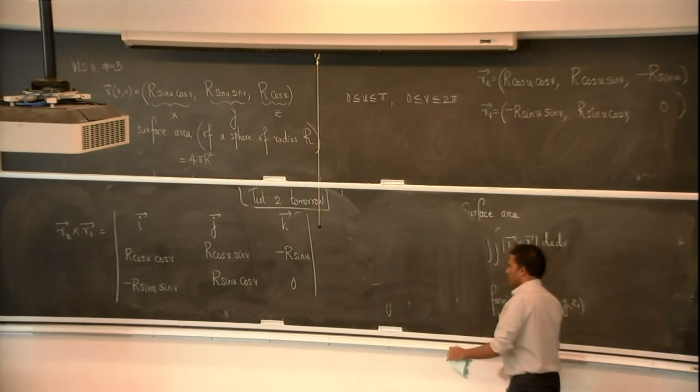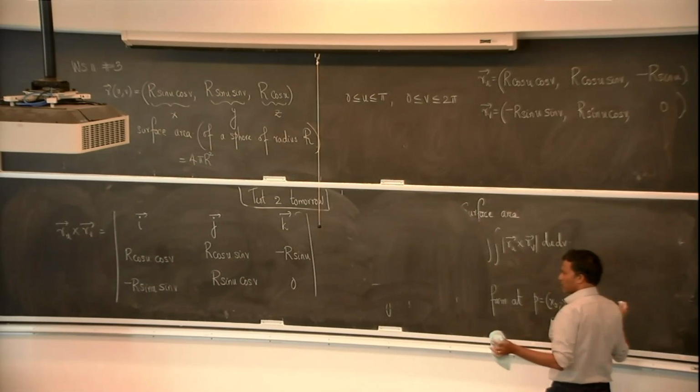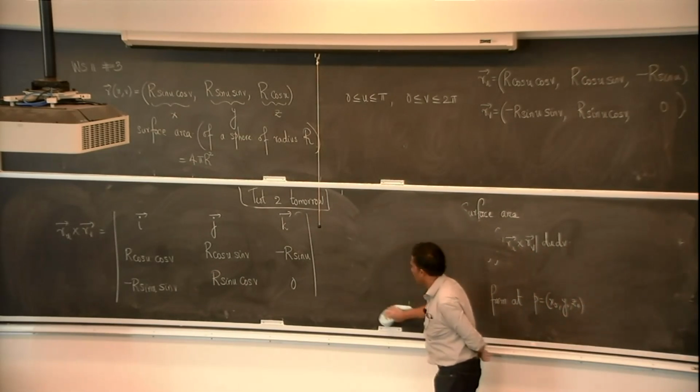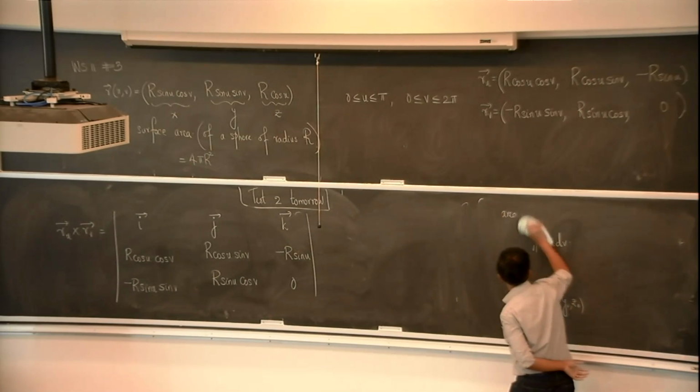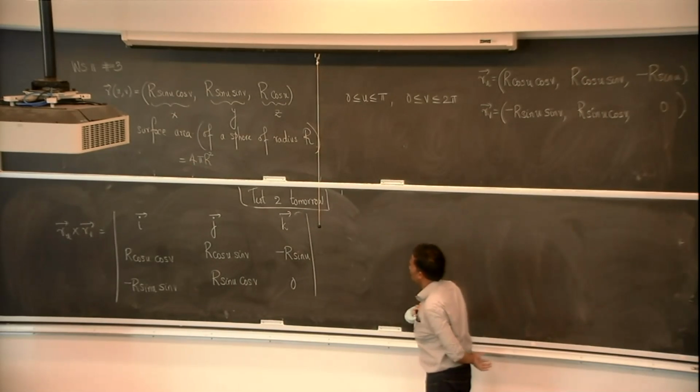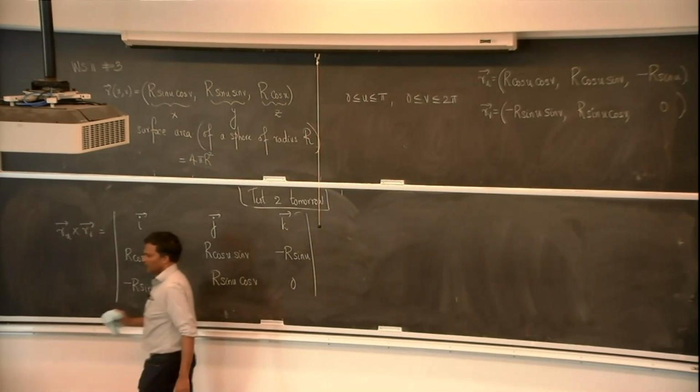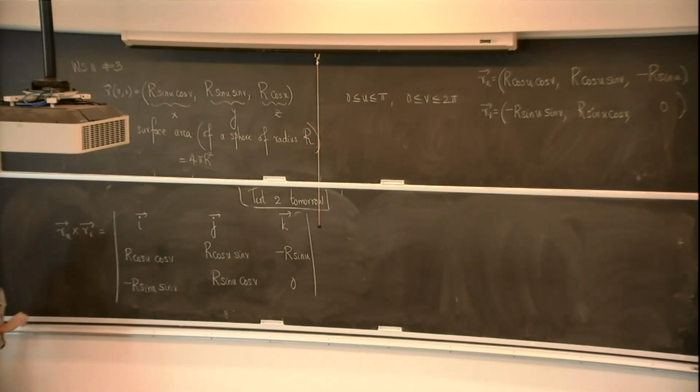I have taught in classrooms with much smaller chalkboards and I've struggled to write that there. So this one, at least I'm lucky to have this much space. All right, so let's expand it along the first row.